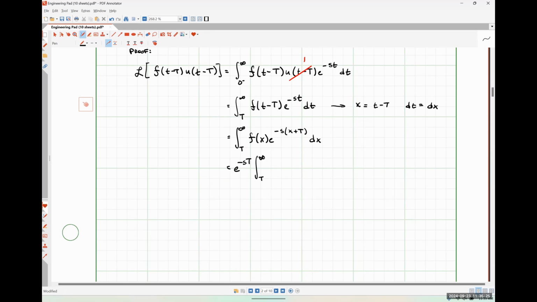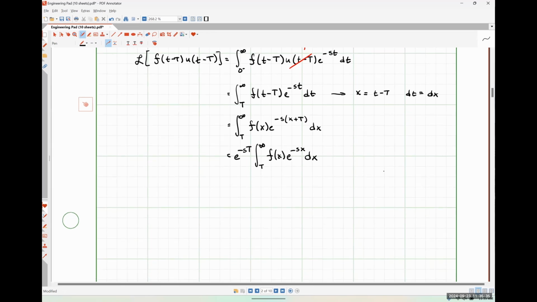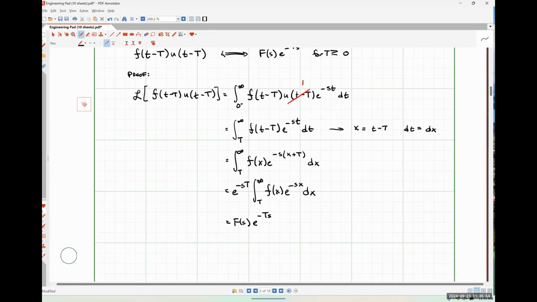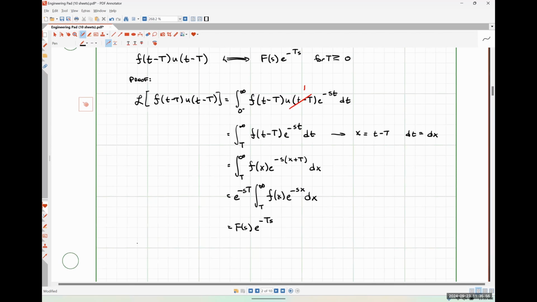And so this gives me e to the negative s times capital T times the integral to infinity of f of x e to the negative sx dx, or F of s e to the negative T times s. Effectively, that's already taken into account here.